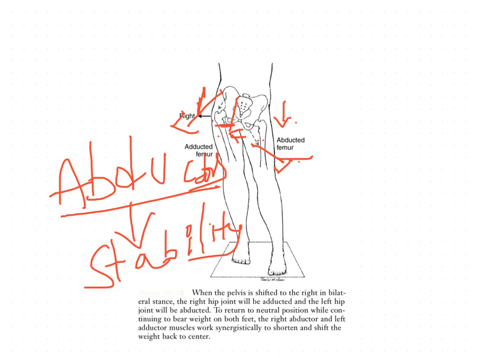But when both extremities bear at least the superimposed body weight or upper body weight, the adductors may assist the abductors to control the pelvis against the force of gravity or ground reaction force. In the absence of adequate hip abductor function, the adductors can contribute to stability in bilateral stance.